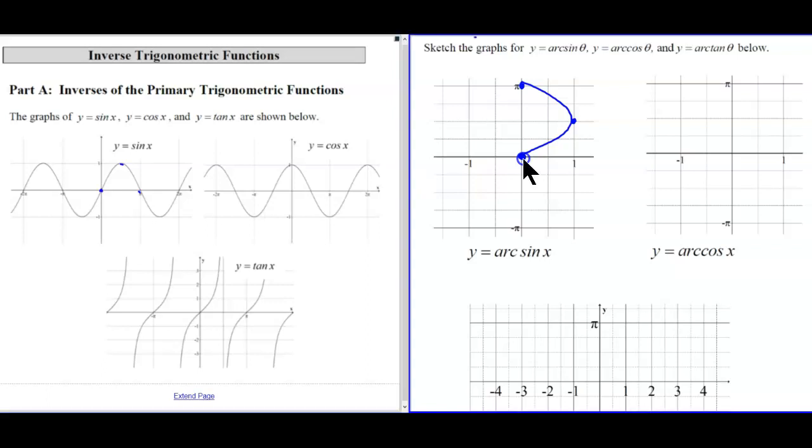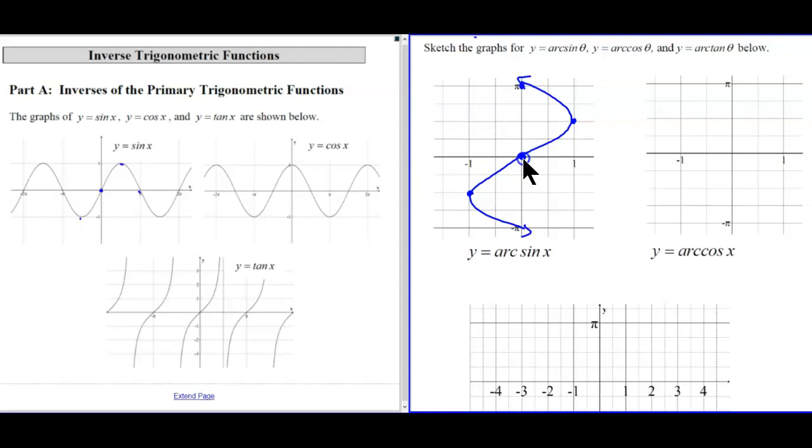Okay, so that will be off my graph. But if I go to the negative here, negative pi over 2, negative 1, and negative 1, negative pi over 2, so that it fits in this graph that I've given. Okay, is that a function? What I just graphed? No.